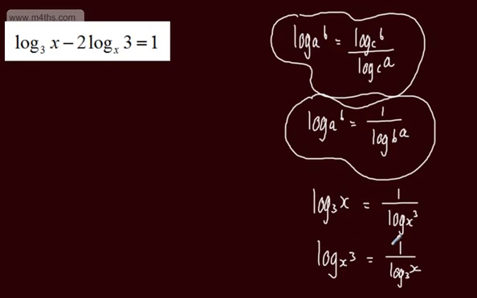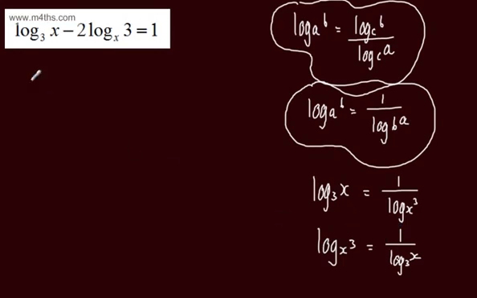And I'll look at it both ways, but I'm favouring this one. So what we're going to have then is the following. Log to the base 3 of x minus 2 lots now of 1 over log to the base 3 of x. So all I've done is made the substitution, and that is equal to 1.